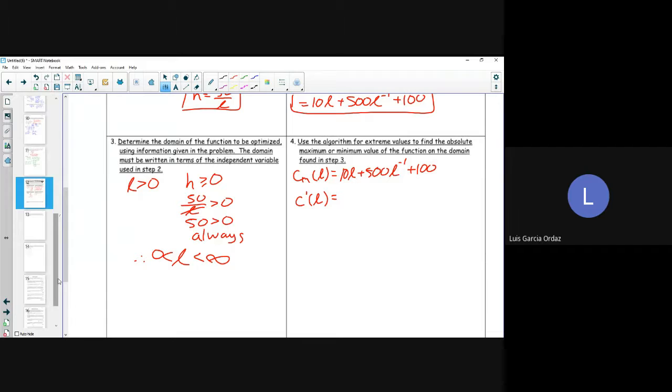It'd be 10 minus 500 L to the negative 2. Thank you, Priyanshu. Which is just the same thing as saying 10 minus 500 over L squared.